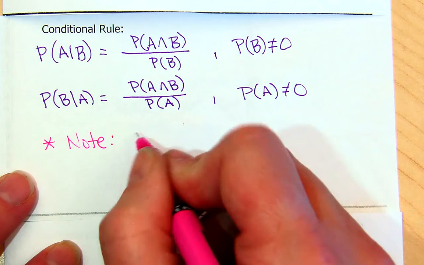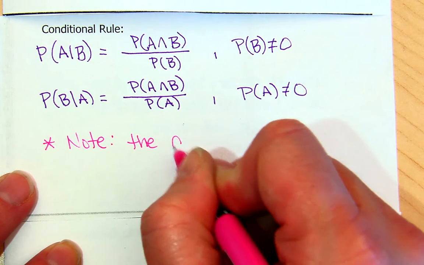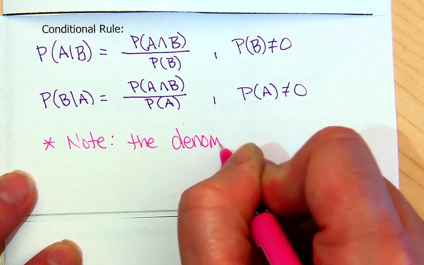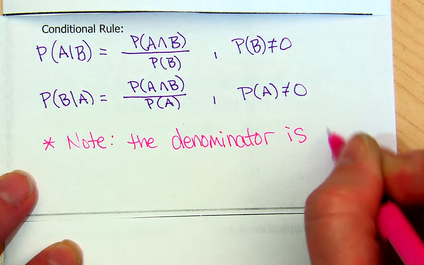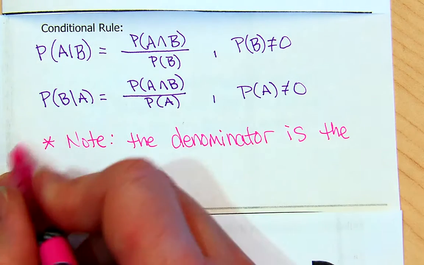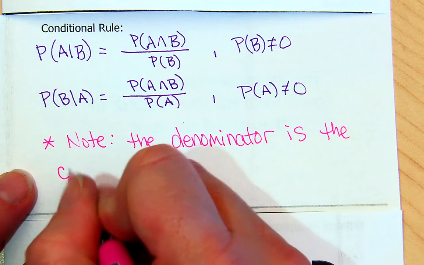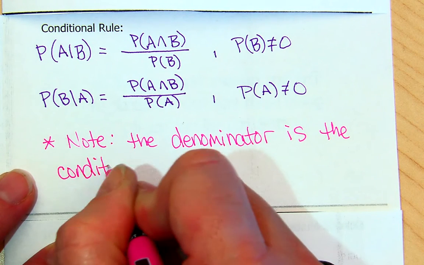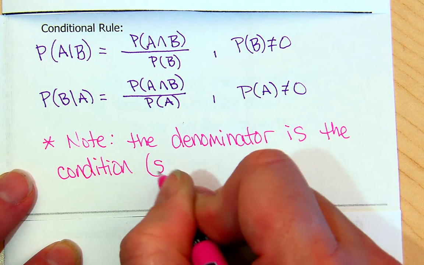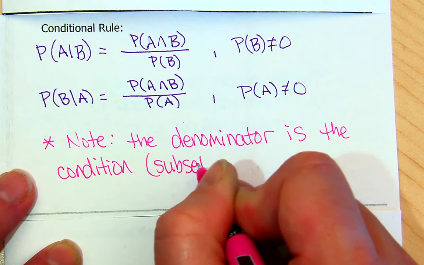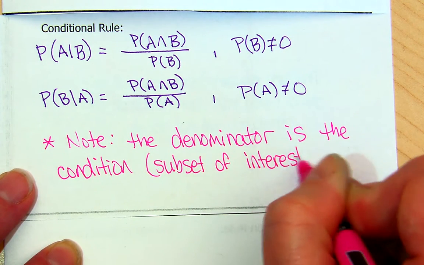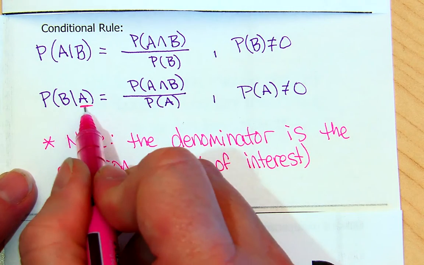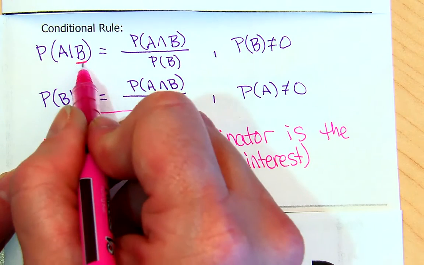So this is a note. The denominator is the condition or the subset of interest. In other words, whatever is here goes to the denominator.